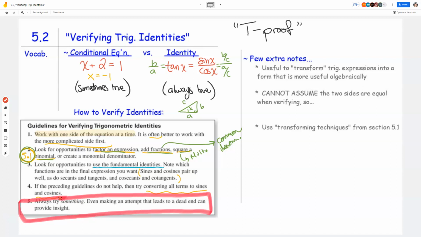So Ryan kept going, and he said, if something you try doesn't work, maybe you made a mistake, so check your work, but maybe you just headed in the wrong direction. So don't keep heading that direction. Oh good, I know that's not the answer, try another way. Okay, there are a few extra notes.